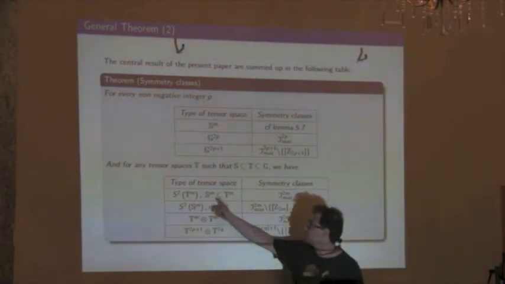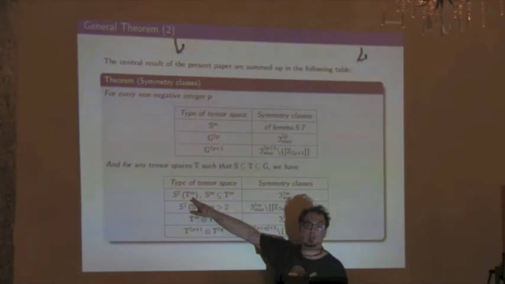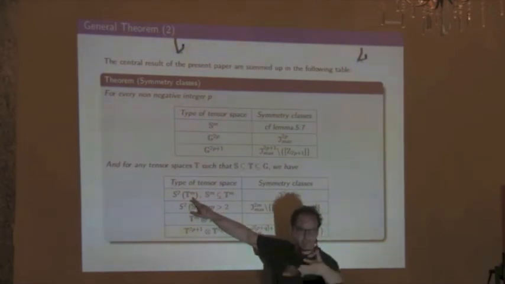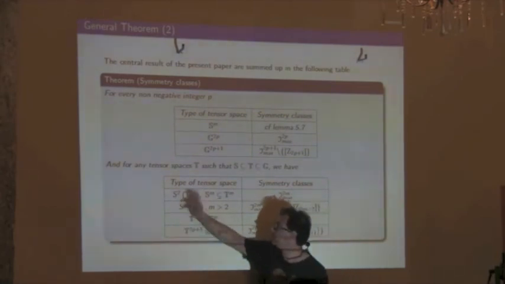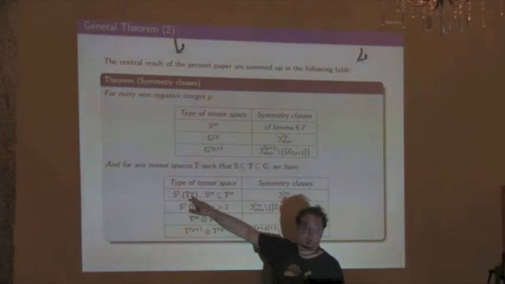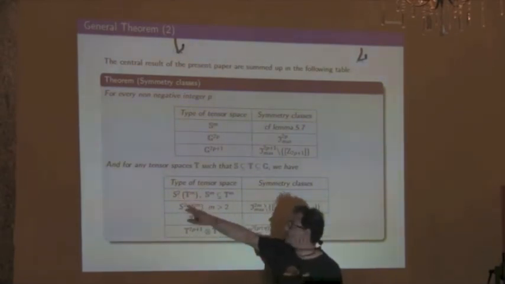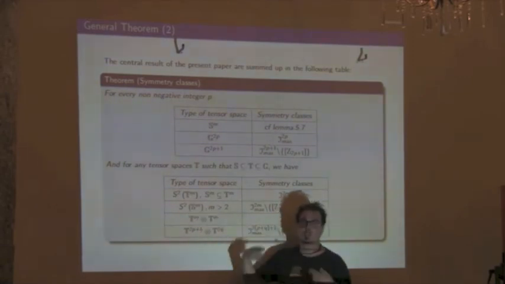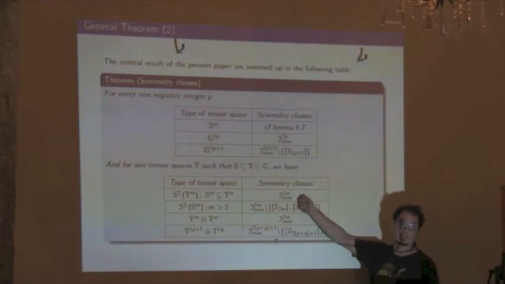If you have here the symmetric product of two tensor spaces, you can think about the space of 6th order tensors of Mindlin strain gradient elasticity. Those spaces are constructed in this way. So symmetric product of spaces that are not completely symmetric. The set of symmetry classes is maximum.